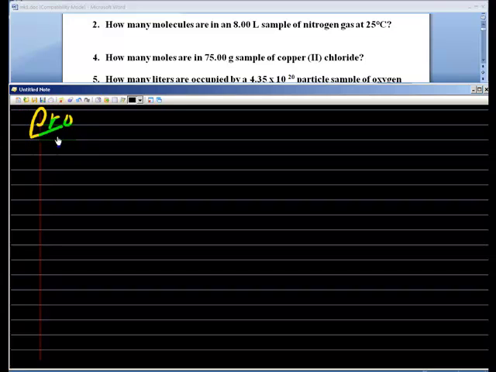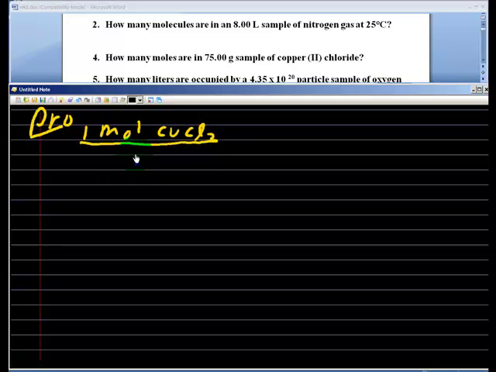Our proportion says that 1 mole of CuCl2 weighs 134.3 grams. But I don't have 134.3.